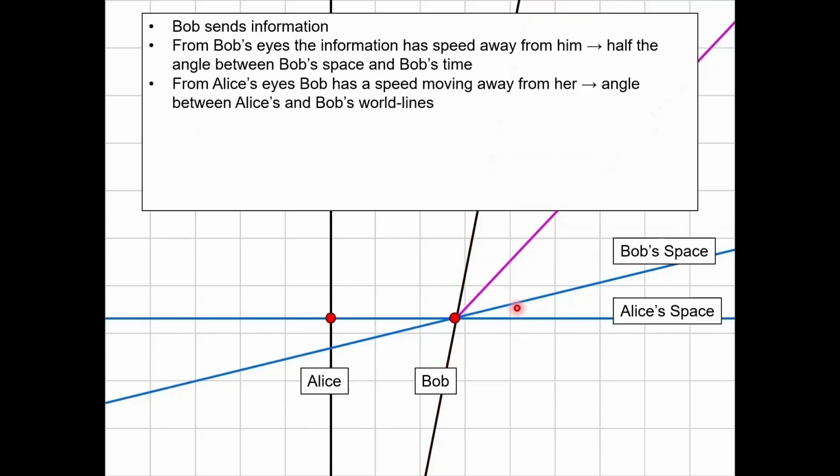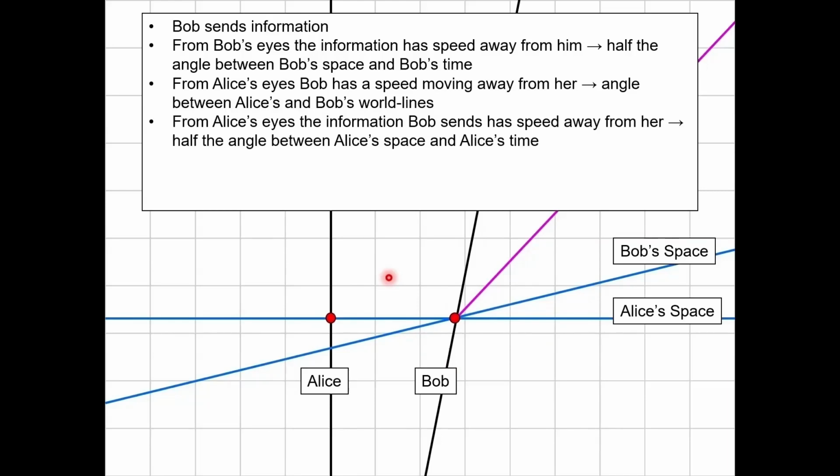Now let's move to Alice's eyes, and from Alice's eyes, Bob has speed moving away from her. There is an angle between Alice's and Bob's world lines, so this is Bob's world line, and this is Alice's world line, and there is an angle between them, which means there is a constant speed between them. Bob is moving away from Alice.